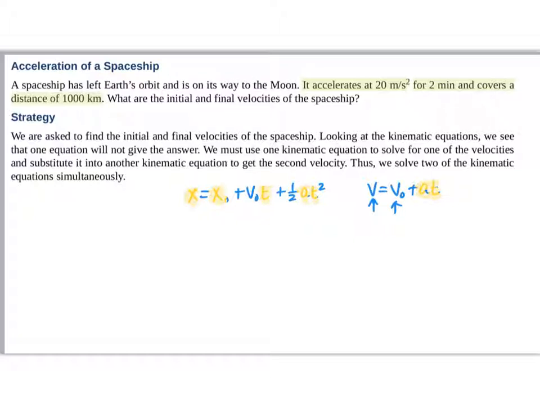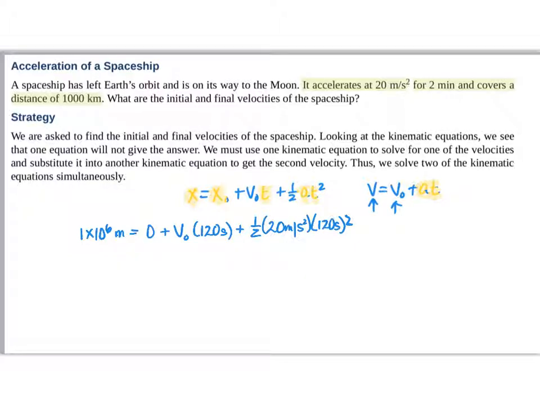For instance, here in the x expression, the final position of the rocket was 1 times 10 to the 6 meters away from where it started. Our x naught was 0. We don't know what v naught is, but our time is 120 seconds. And then 1/2, our acceleration was 20 meters per second squared, and then 120 seconds squared.